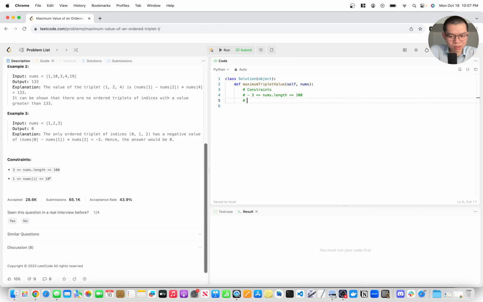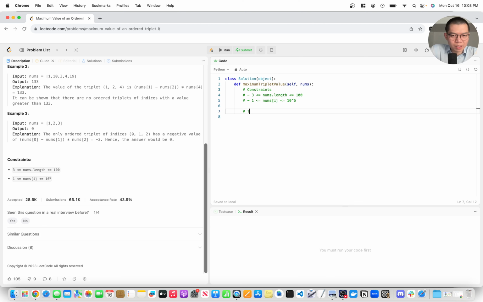Okay, that seems pretty reasonable. The length of the input array can be as small as 3, but also as big as 100. The values themselves can range from as small as 1 to as big as 10 to the 6.